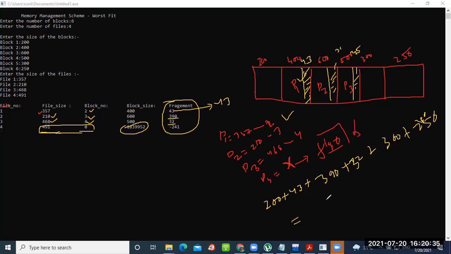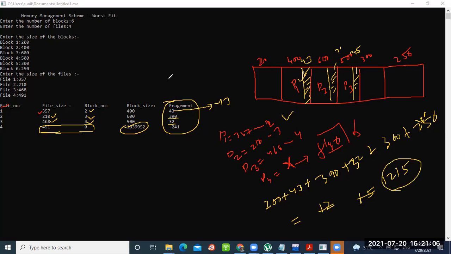Just add these values. How much are we getting? What is the total? 1215. This much memory is there.